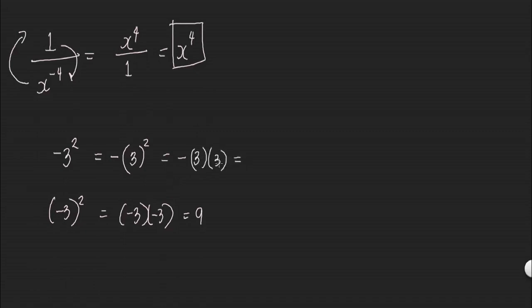So 3 times 3 is 9. So we have 9 times negative 1 is negative 9. When you try this example in your calculator, so ito yung lumalabas, di ba? Kapag walang parenthesis, negative 9 yung lumalabas. Kapag may parenthesis naman, positive 9 yung lumalabas.